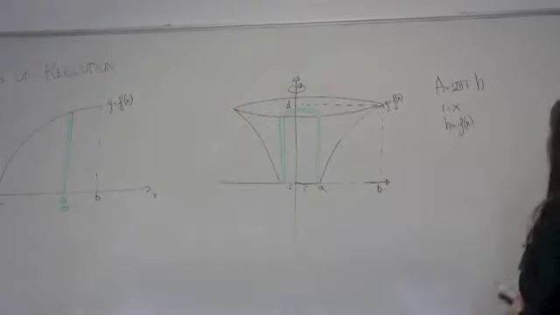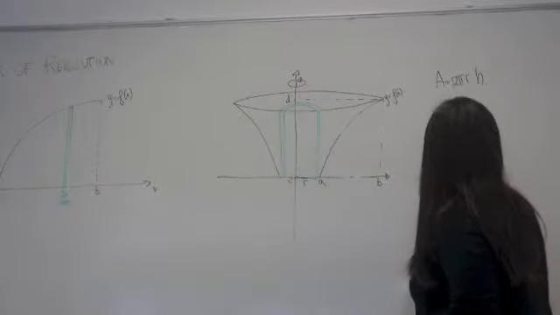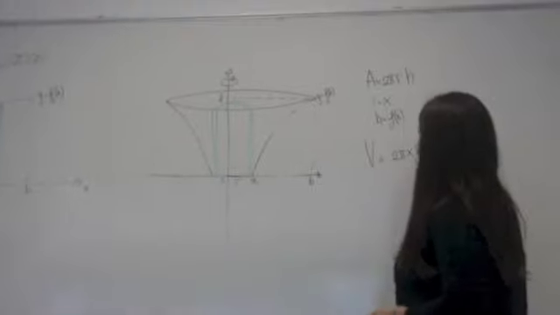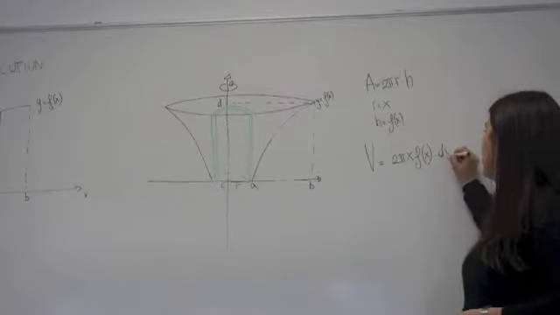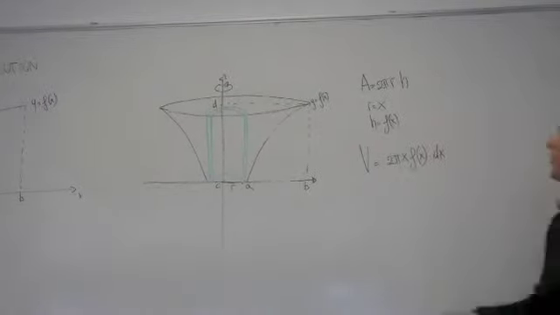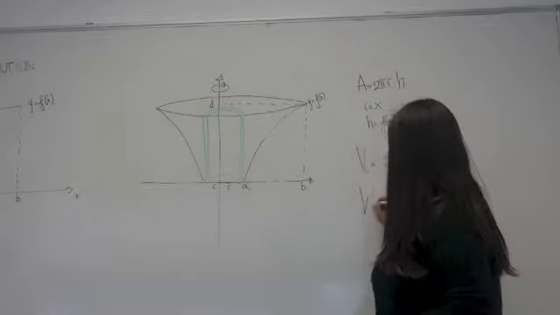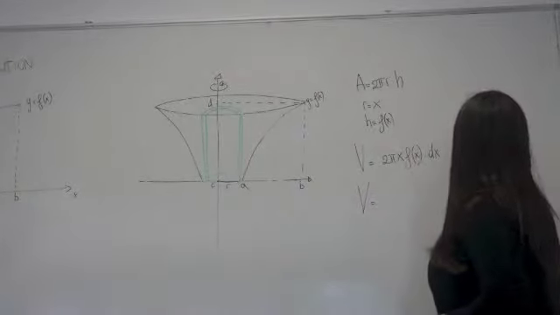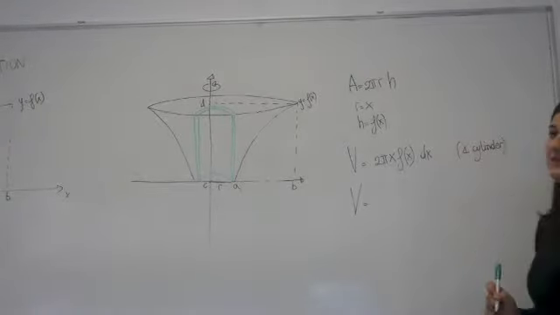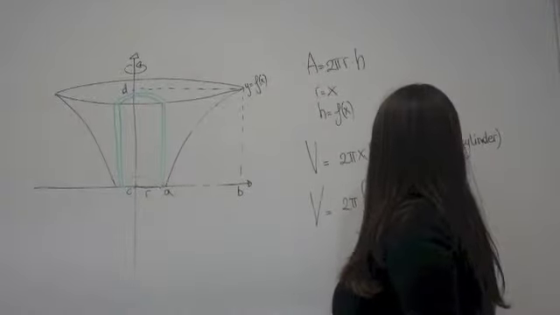So the volume is 2 pi x f of x times dx. Now, if we integrate the entire thing, this is of one little cylinder. Here we get 2 pi from a to b.